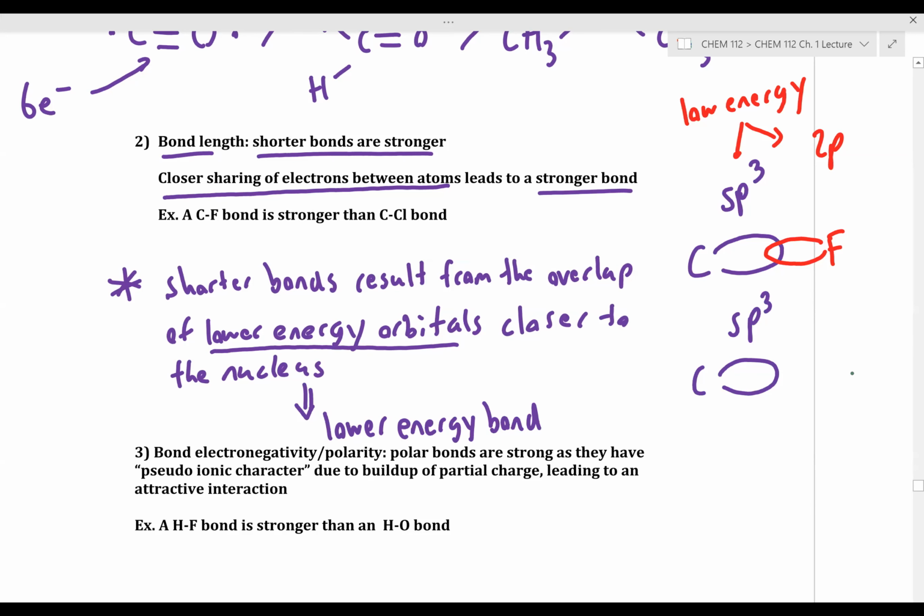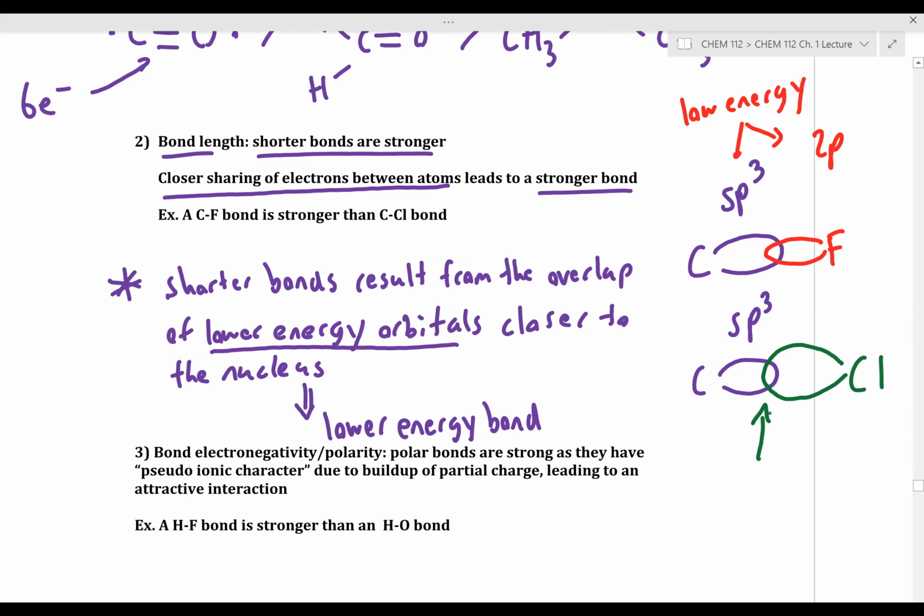So if we draw chlorine, and this time I'm drawing it a little bit farther away, is our orbital going to be larger or smaller? Chlorine, larger, right? So we're going to draw a larger orbital. And as we notice, because chlorine is using a larger orbital, is our overlap going to be as efficient?